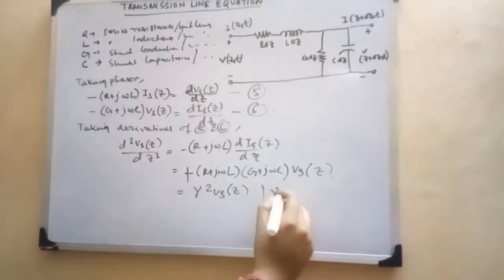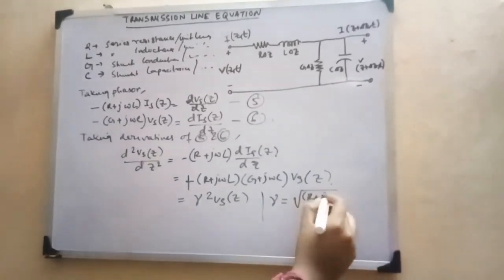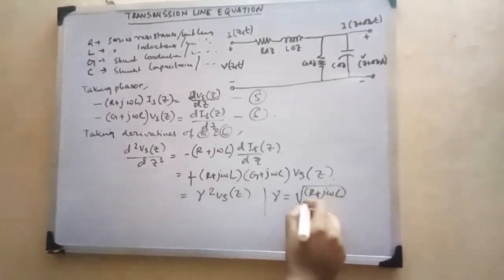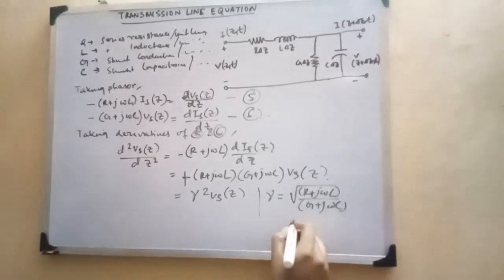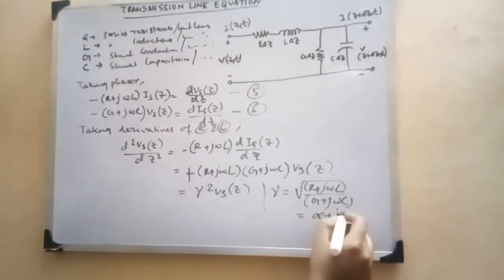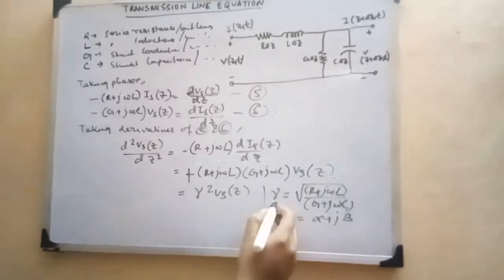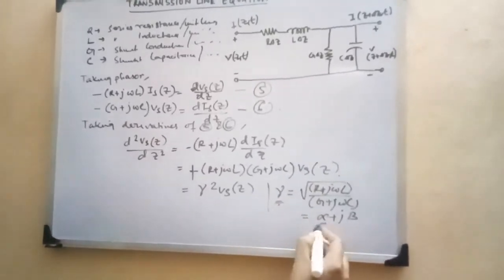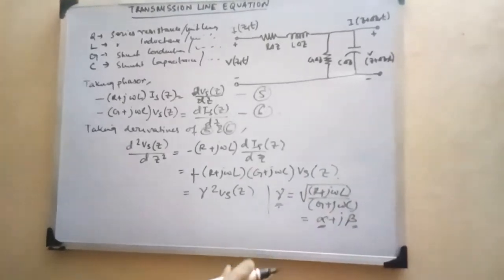Where the value of gamma is considered as the square root of (R plus j omega L)(G plus j omega C), that is equal to alpha plus j beta. Now this gamma is commonly known as the propagation constant, alpha is the attenuation constant, and beta is the phase constant. We will come to the details later.